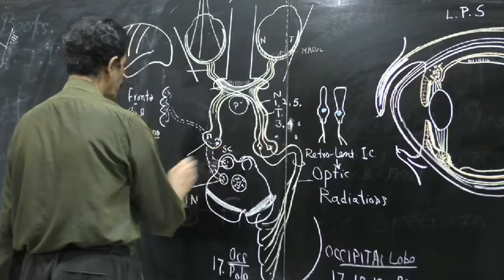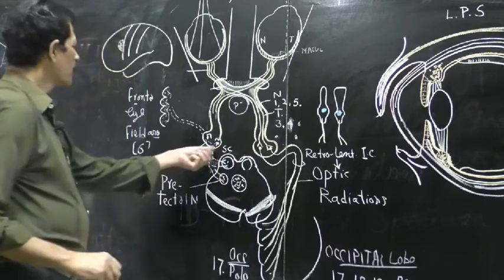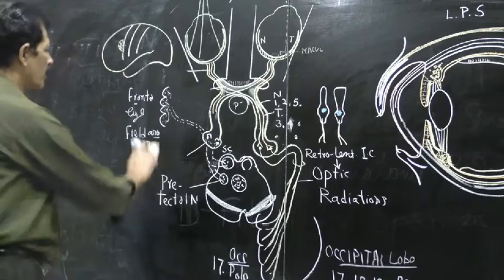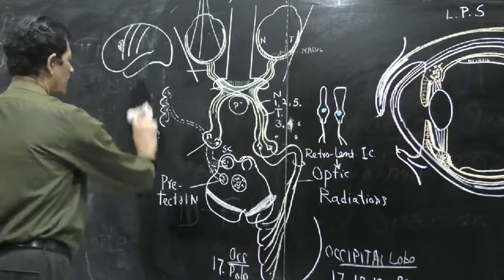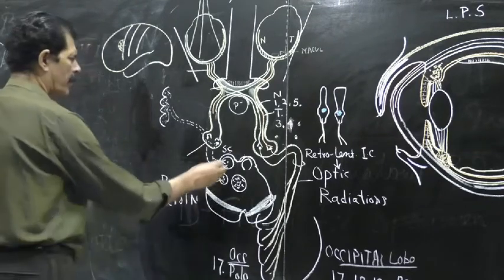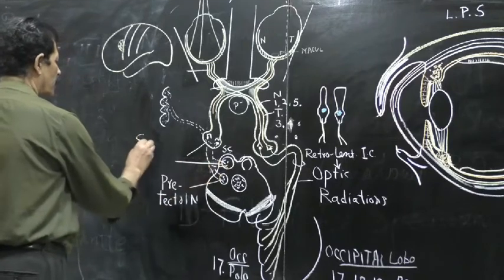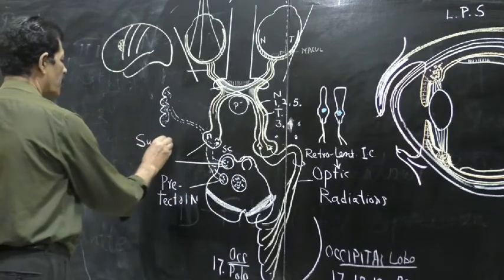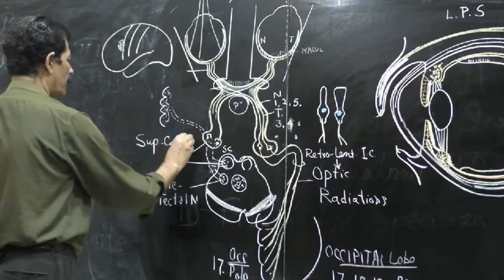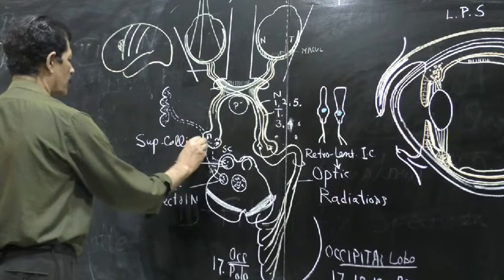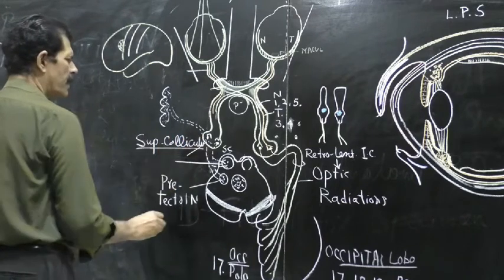So as we know, the function of the superior colliculus is S for sight, remember, superior colliculus of the midbrain, tectum part. What is the function? It is connected to the eye.